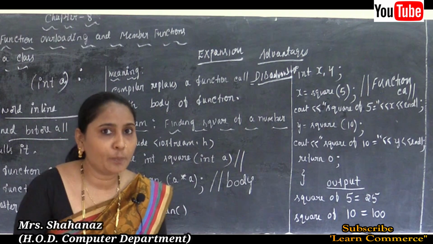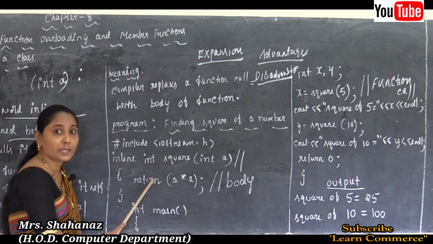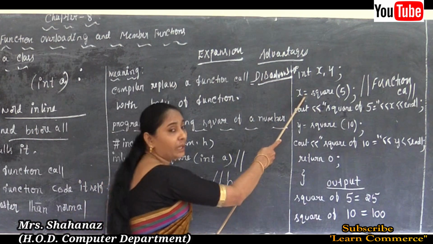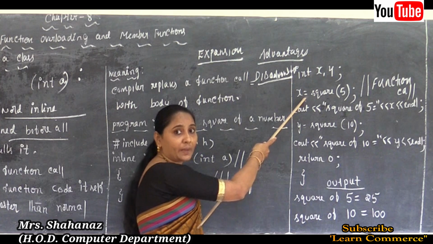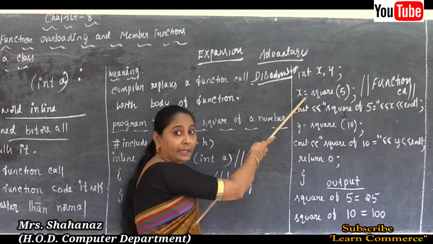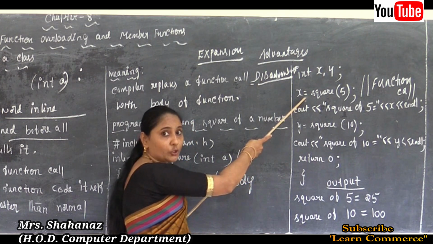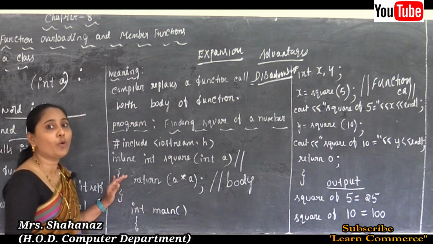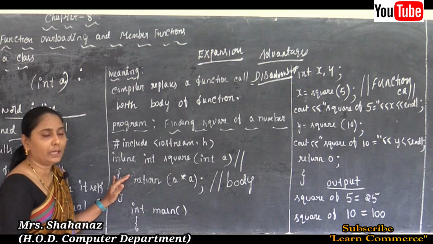As the body of the inline function is substituted in place of the function call, more memory space is needed and the executable file also increases. So the size of the executable file is going to increase, and we also need to use more memory in our inline function.